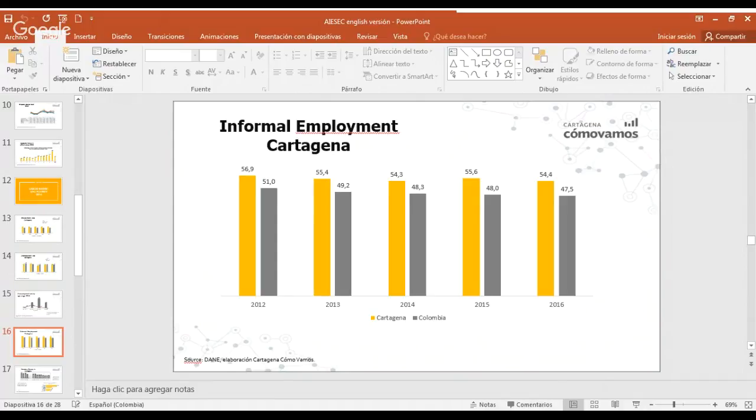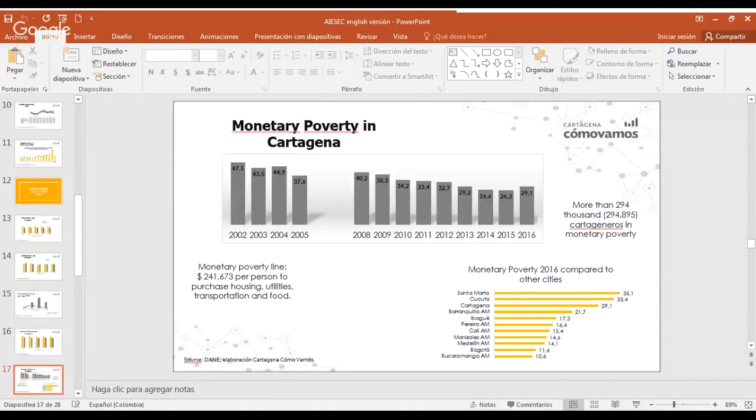And if we talk about poverty, in Colombia the most used measure is monetary poverty, which refers to the number of people who get a monthly income below 241,173 pesos. It is around $83 each month per person.